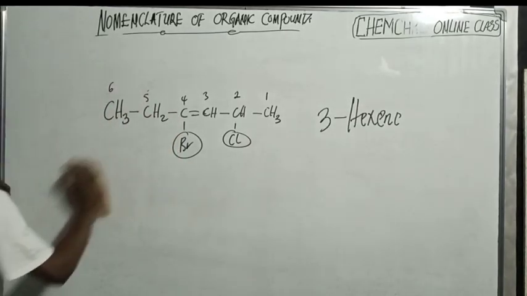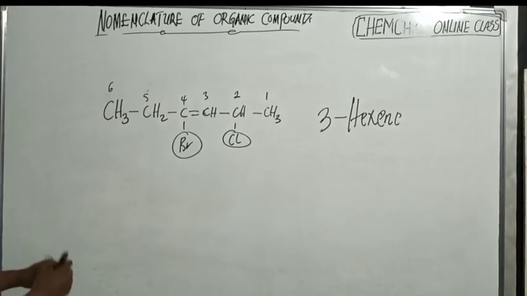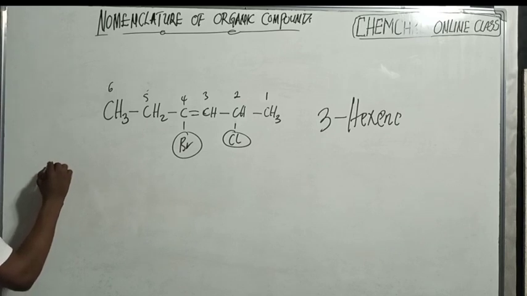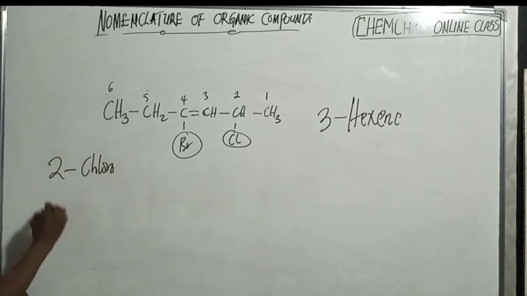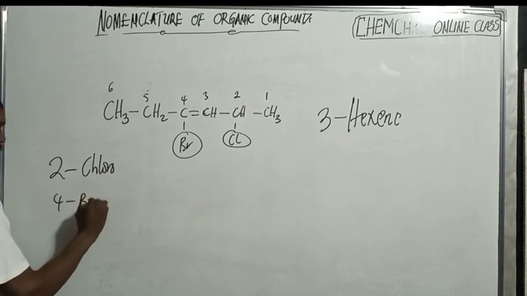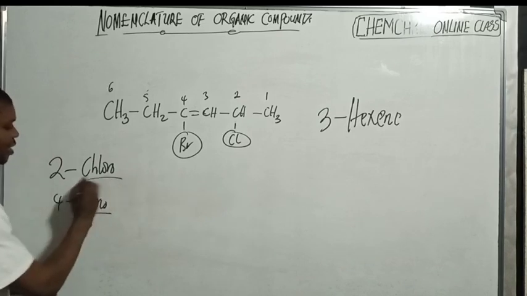So now the number is going to be what? 2 chloro, right? So it'll be 4 bromo. Can you see that? So B will come before C in alphabetical order.